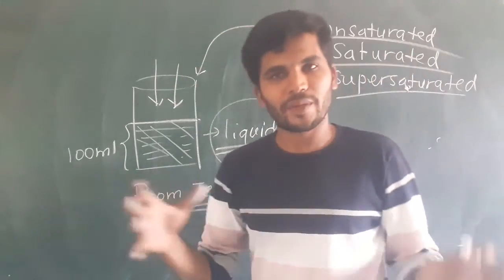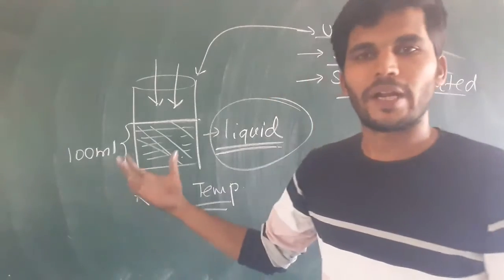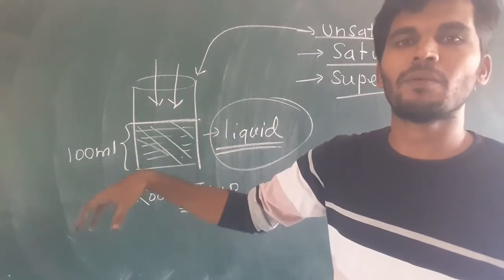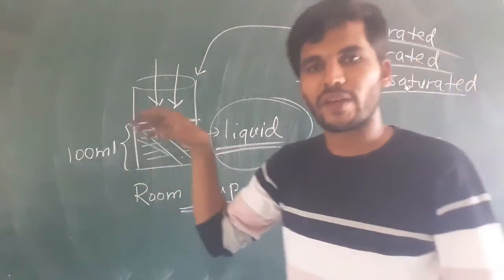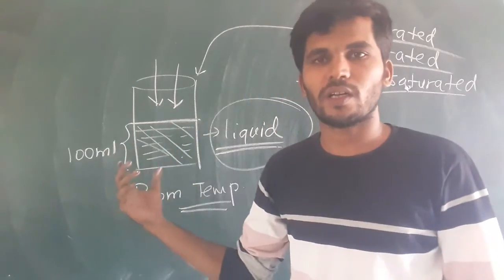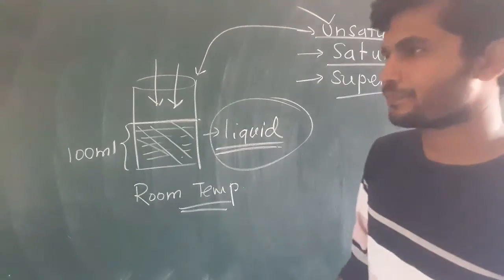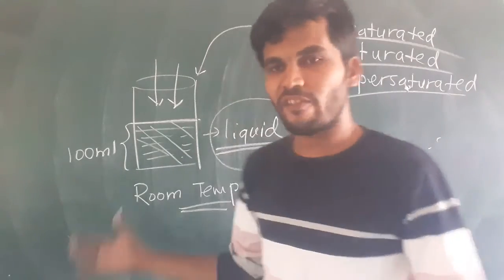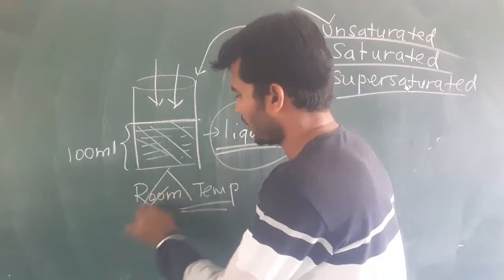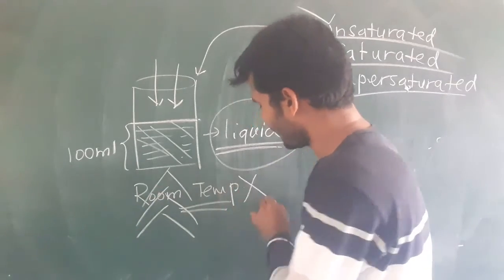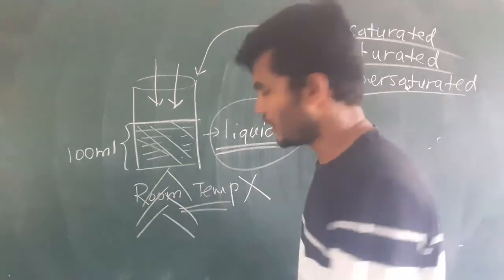Suppose एक रूम टेम्परेचर पे, नॉर्मल टेम्परेचर पे हमने इसमें 100 ml पानी लिया है. सो द मैक्सिमम क्वांटिटी ऑफ सॉल्ट वी कैन डिजॉल्व इन दिस वाटर इज कॉल्ड द अनसैचुरेटेड सॉल्यूशन. नाउ इफ आई हैव प्रोवाइडेड हीटिंग, अब रूम टेम्परेचर नहीं है, नाउ आई हैव प्रोवाइडेड द हीट.